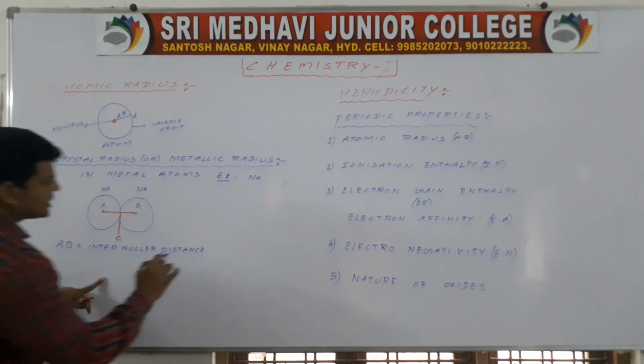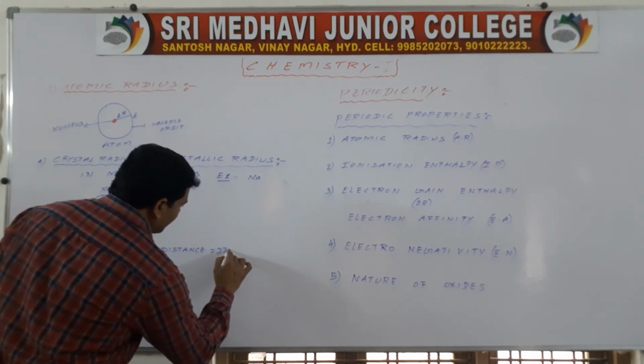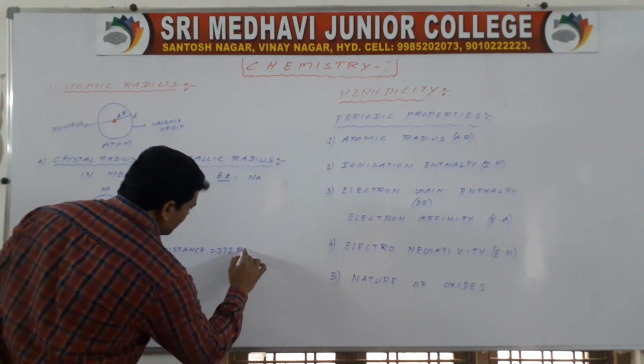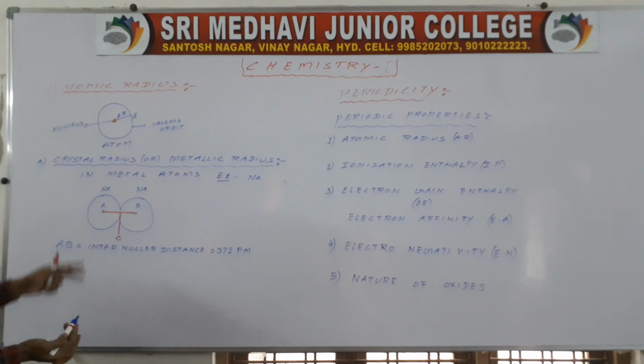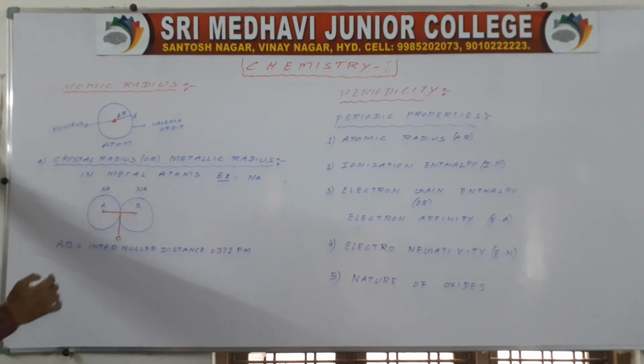That is nothing but 372 picometers. Half of the internuclear distance is called the crystal radius of sodium.